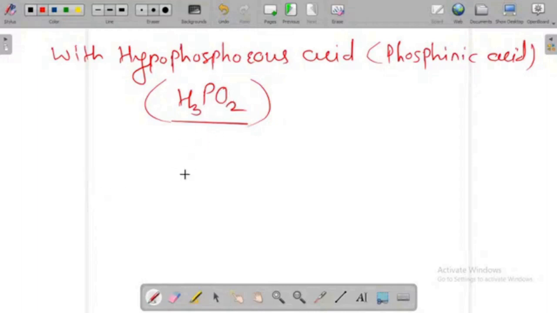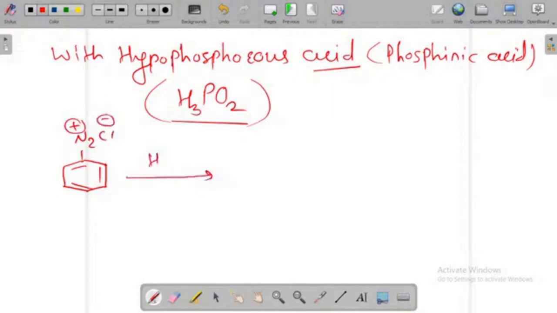So there are more hydrogen atoms, meaning it is an acid. The salt is going to be protonated. Which salt? This benzene diazonium chloride salt, N2 plus Cl minus, is going to be protonated in presence of H3PO2.